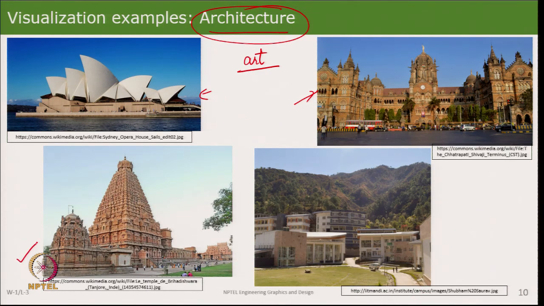This third picture is the famous Brihadishwara temple at Thanjavur. The sheer size and the complexity in the temple is quite impressive, and one can see that in the world of engineering, how would you go about even thinking of making it?